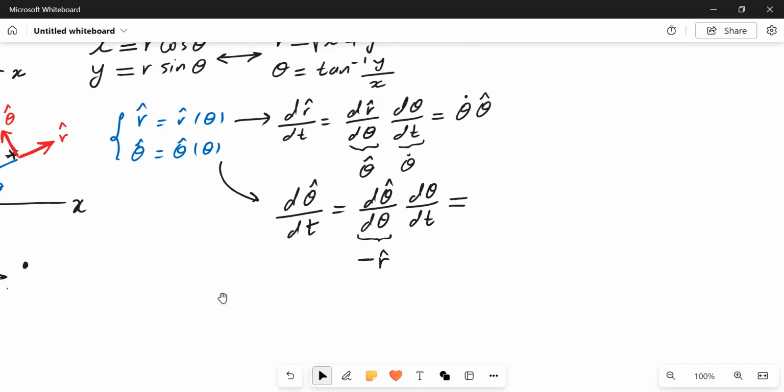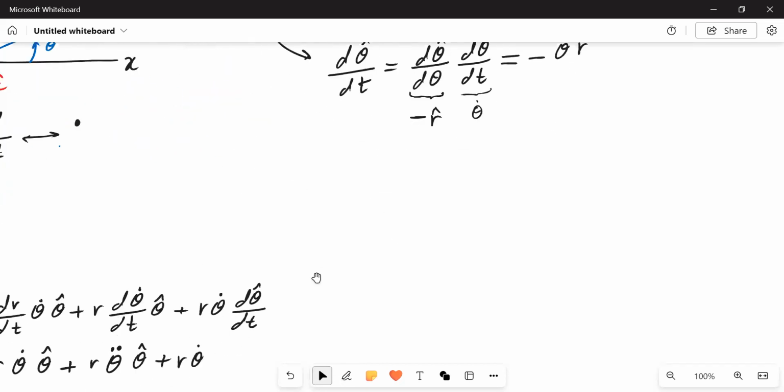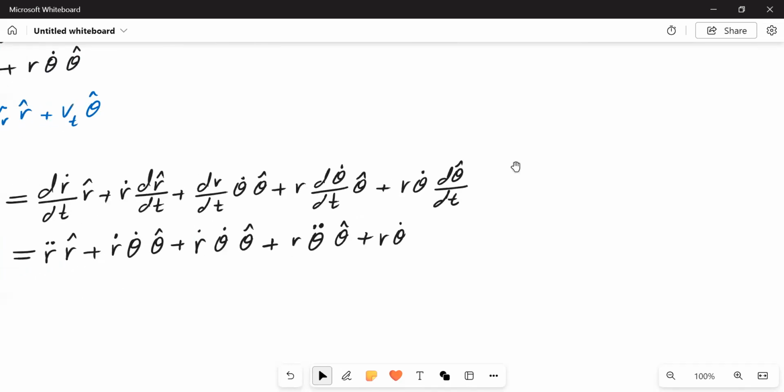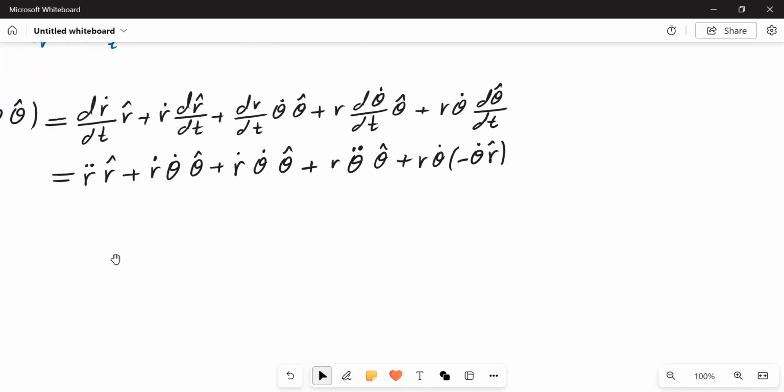And this one, well, you know that this is theta dot, so the rate at which theta hat changes with time is just minus theta dot r hat. So I'll go back here and replace this by minus theta dot r hat. Okay, so let's see if we can simplify things further.